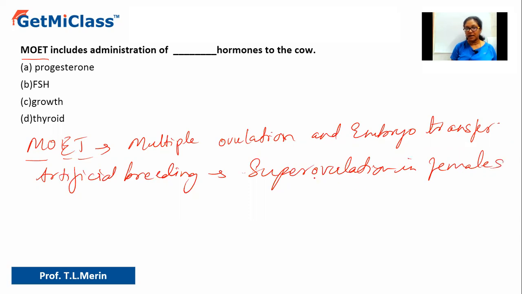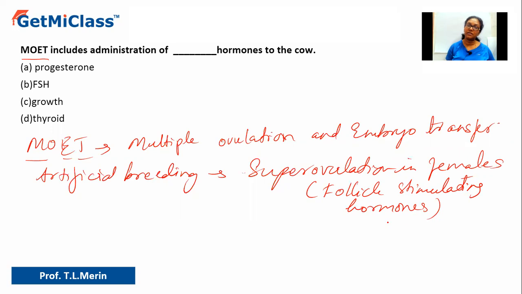That is done by administering the hormone called FSH, or follicle stimulating hormone. Okay, what will it do? It will stimulate the formation of the various follicles, primary, secondary, tertiary, all that. And further, there will be release of the ovum. Because if the follicles are formed, only then ovum will be formed, right?